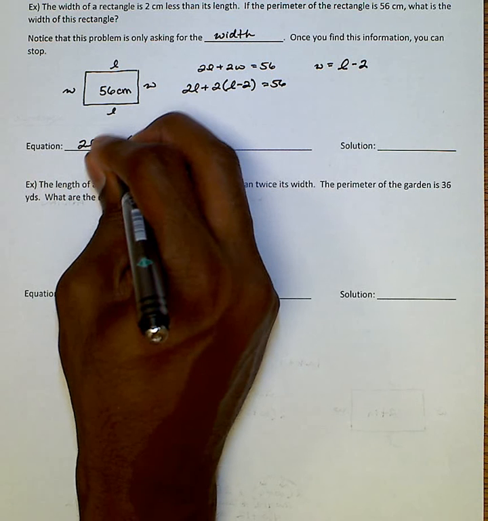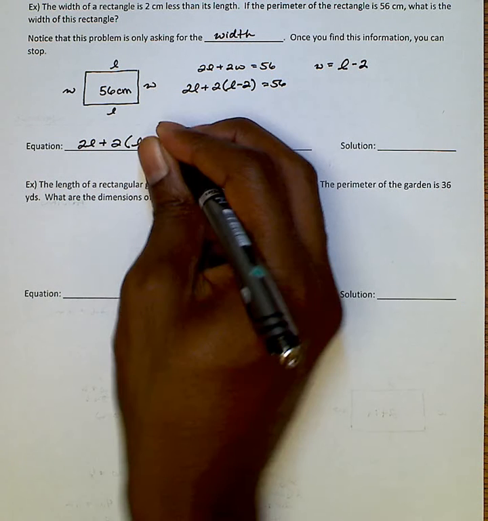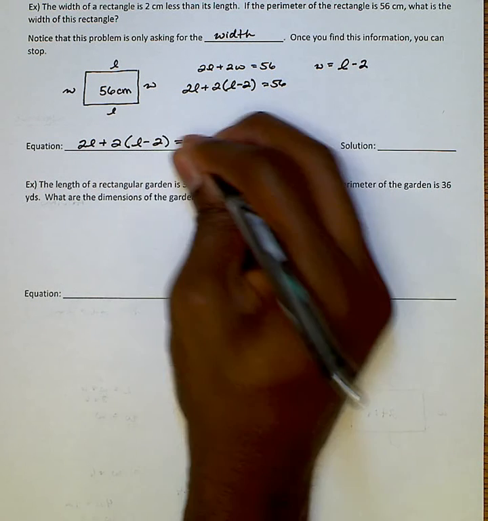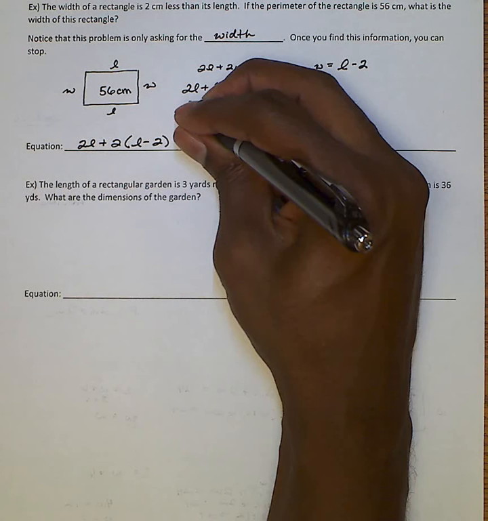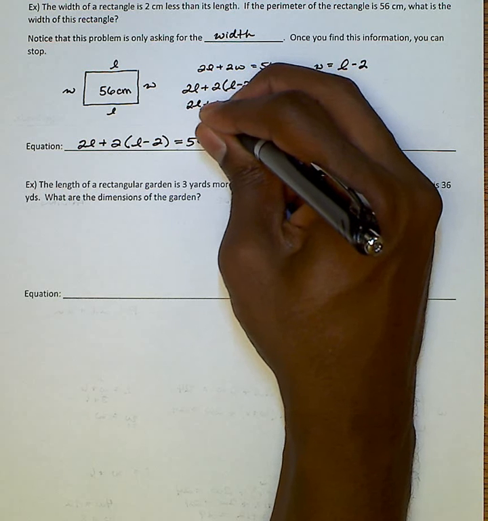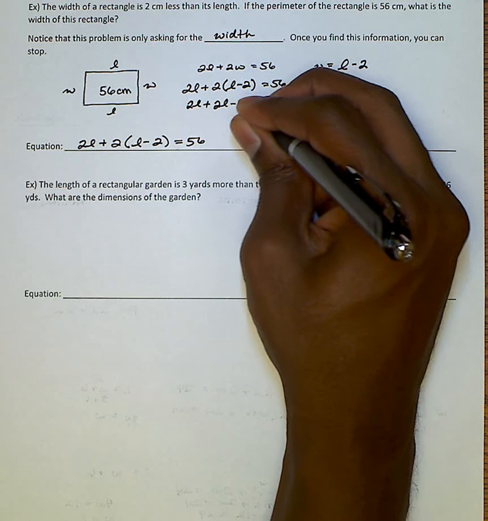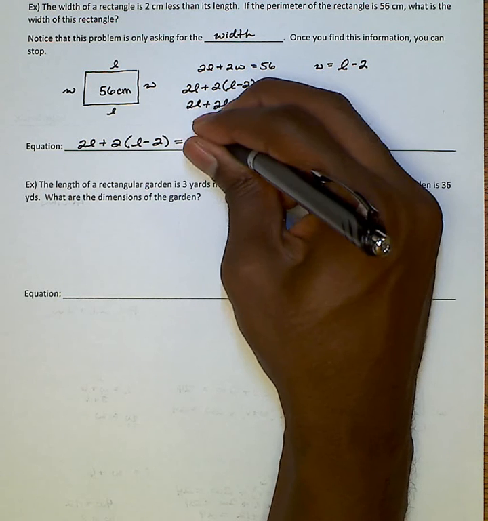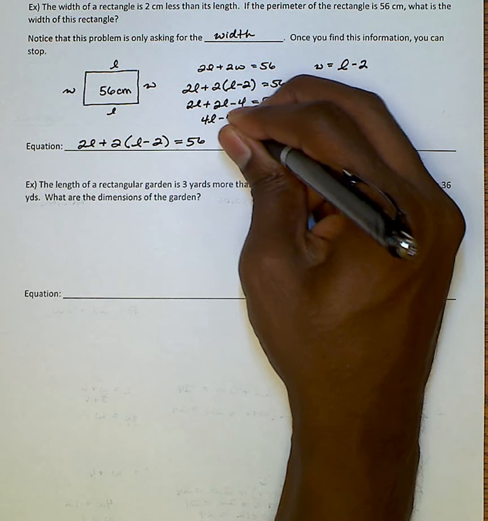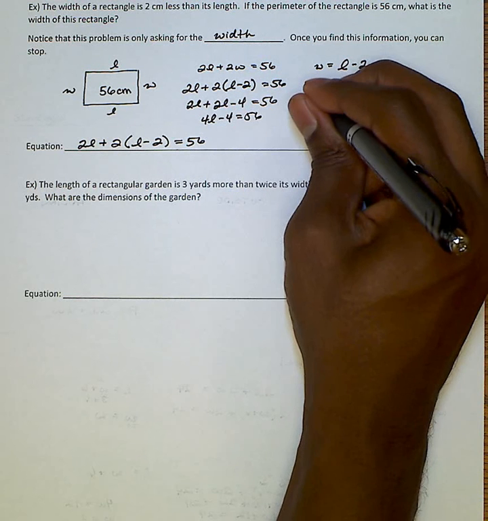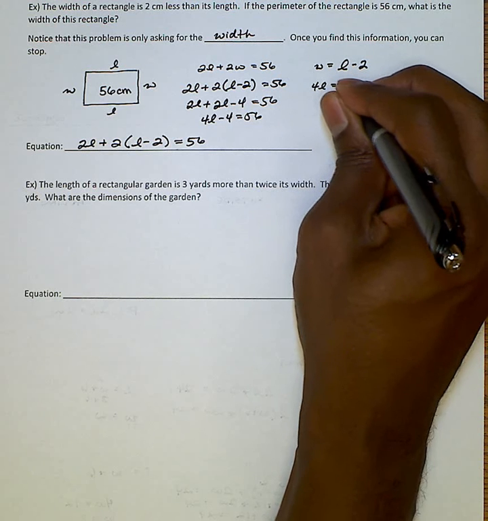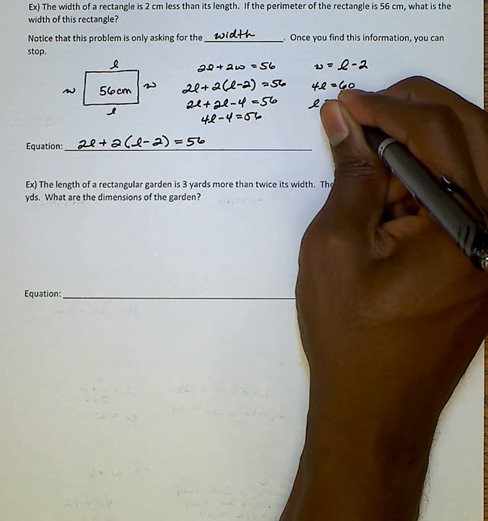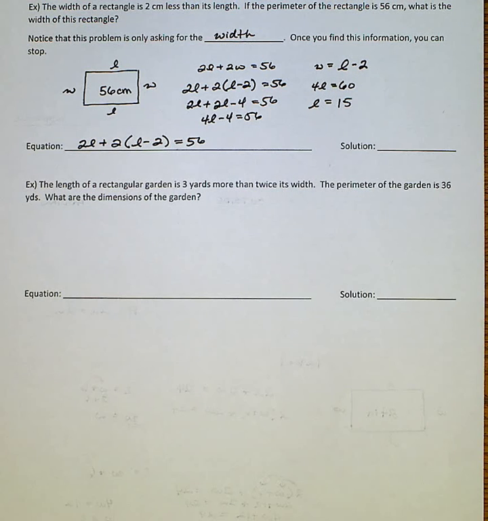Now I'm going to solve it to see what my width is. So I plug it in: 2L plus 2L minus 4 equals 56. Add my like terms, 4L minus 4 equals 56. I'm going to add 4 to both sides, 4L equals 60. And so that gives me L is 15 after I divide both sides by 4.